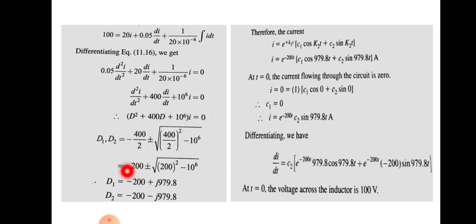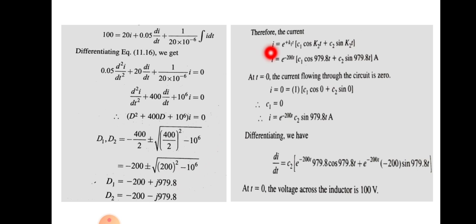So we get minus 200 plus root 200 square minus 10 raised to 6 as one root, and minus 200 minus root 200 square minus 10 raised to 6 as the other root. That is how d1 and d2 are solved. So this will give d1 as minus 200 plus j 979.8 and d2 as minus 200 minus j 979.8. You know that here the roots are complex conjugate.